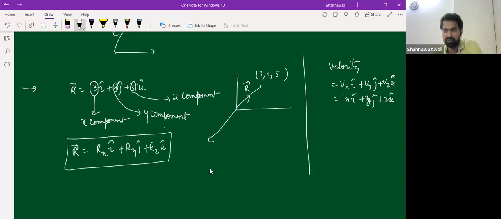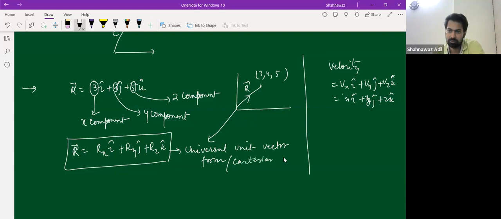Understood, guys? A vector in this form is called the universal unit vector form, and this is also called the Cartesian form.